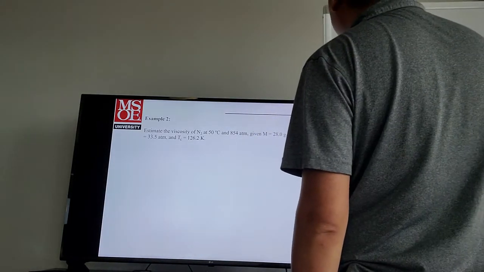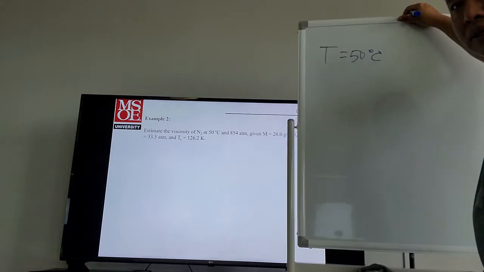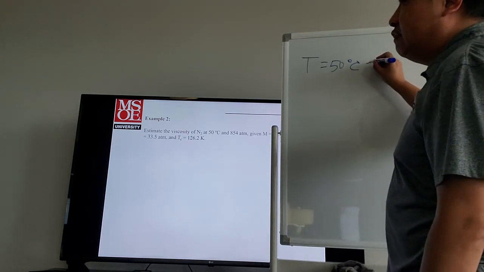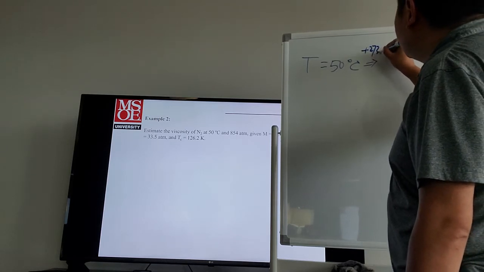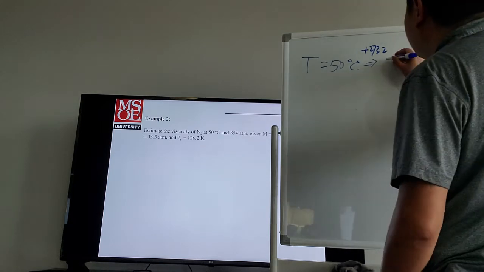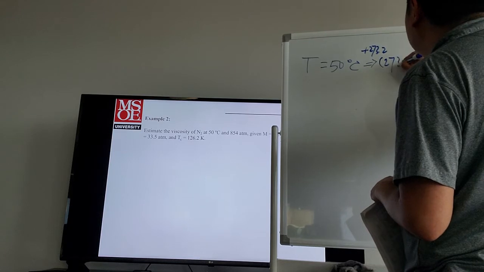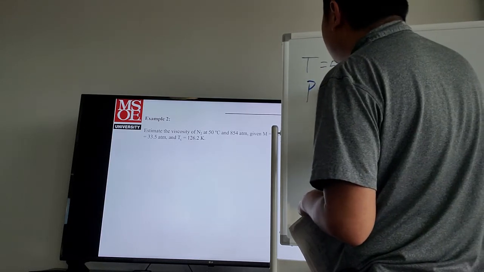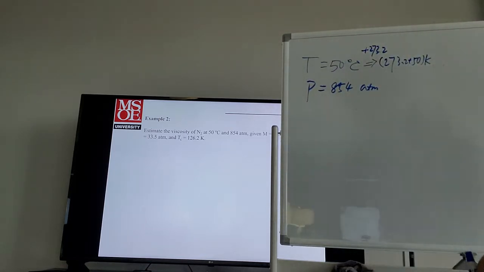So we have T, which is 50 degrees Celsius. We have to convert it to Kelvin, which is standard. To convert to Kelvin, we add 273.2. Okay, so we get Kelvin. We have P, which is 854 atm.